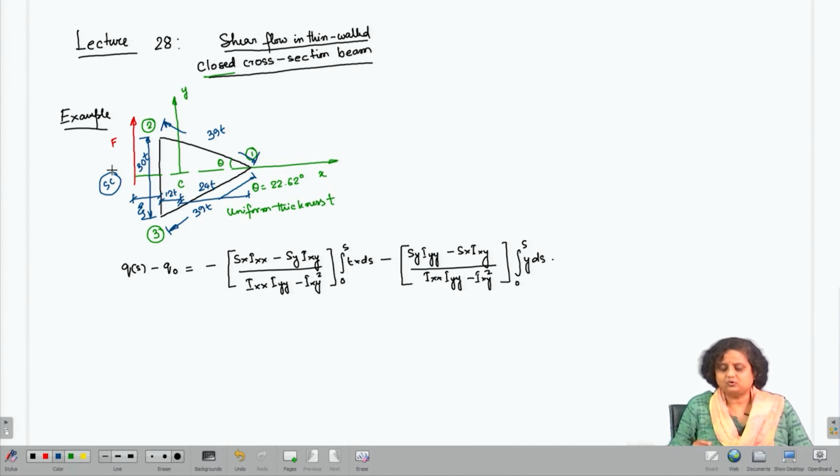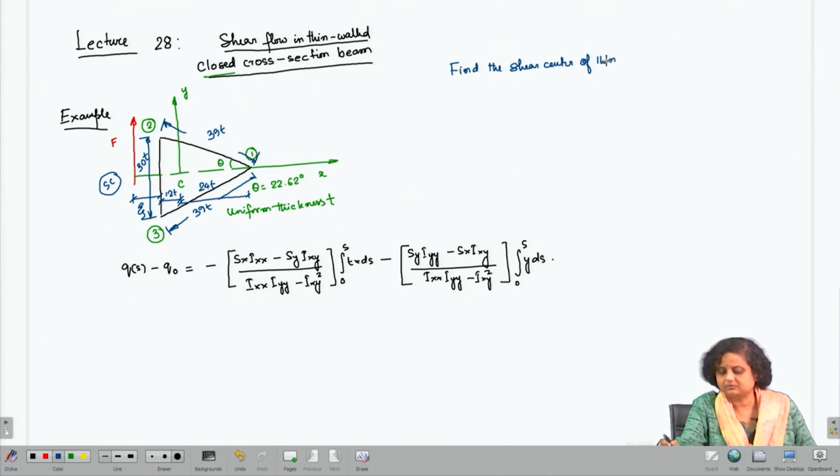So, what we need to do is that we need to find the shear center of the thin walled cross section. So, this is the problem that we are planning to solve today.